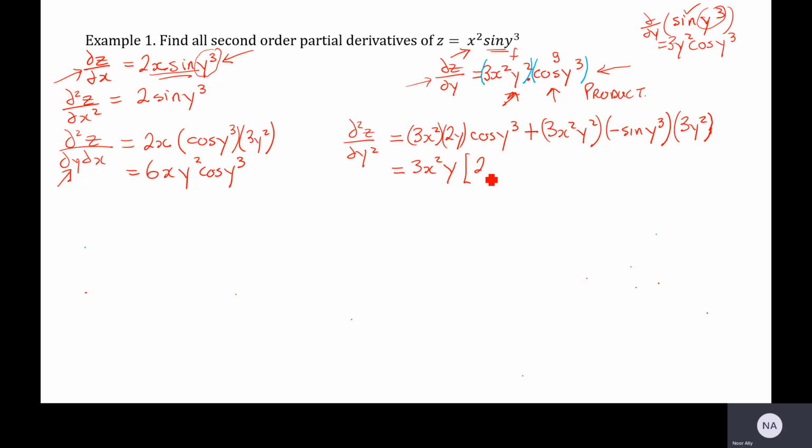I'm left with 2 cos of y cubed minus 3x squared. Oh, we're taking out 3x squared y, so we can be left with here 3y cubed sine y cubed.